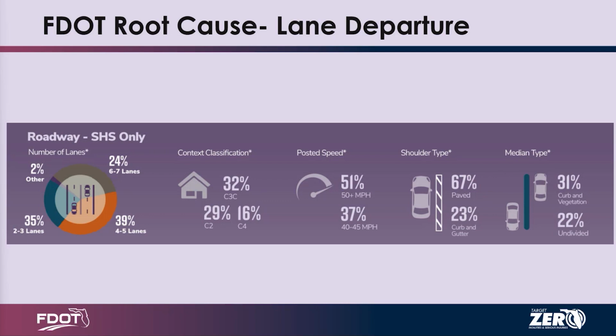High-speed roads are up there, and when you look at shoulder type, we've got paved shoulder, and for median, undivided makes up 22%. On top of that, you have the curb and vegetation median. So these are just kind of putting them a little bit separate. Our next step was to combine these to identify those key risk factor groups.